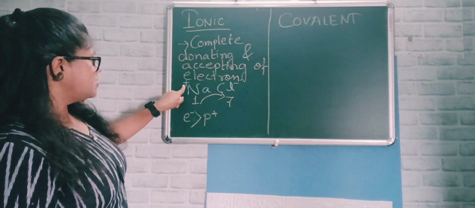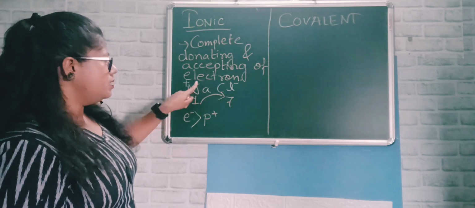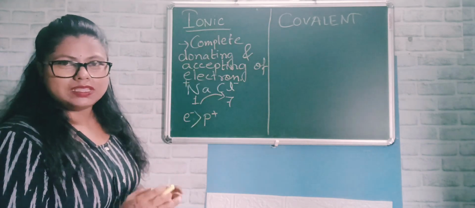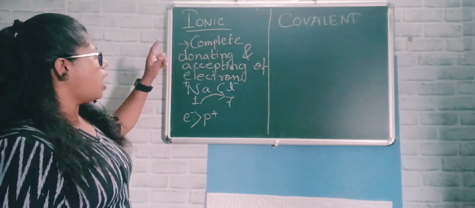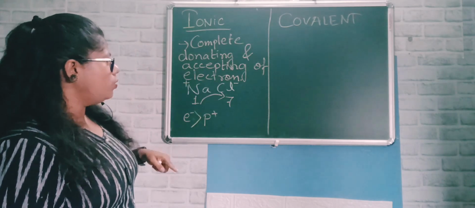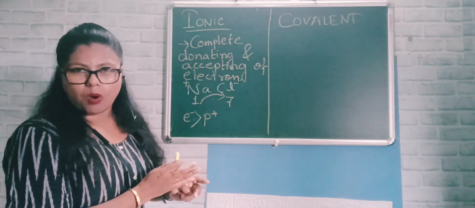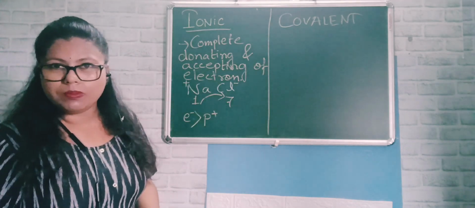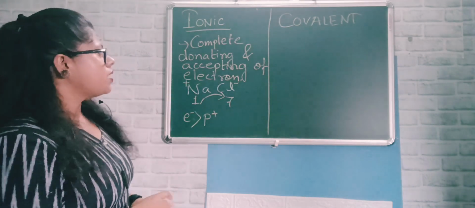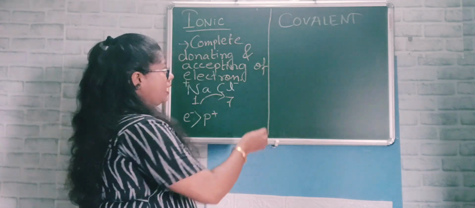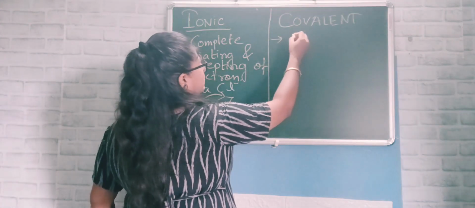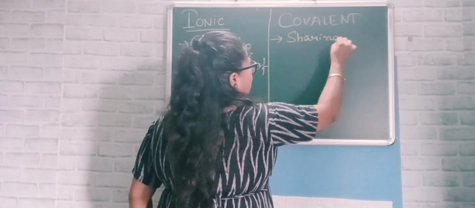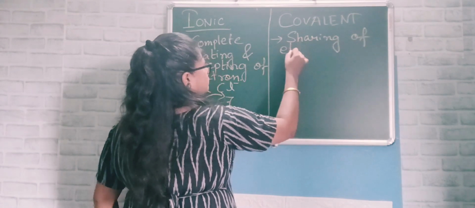As these two elements now develop two different kinds of charge, they will come together and form a bond which is called an ionic bond, and the compound formed after this bond is an ionic compound. So NaCl is an example of an ionic compound. Similarly, in a covalent compound, what happens? There is a sharing of electrons.